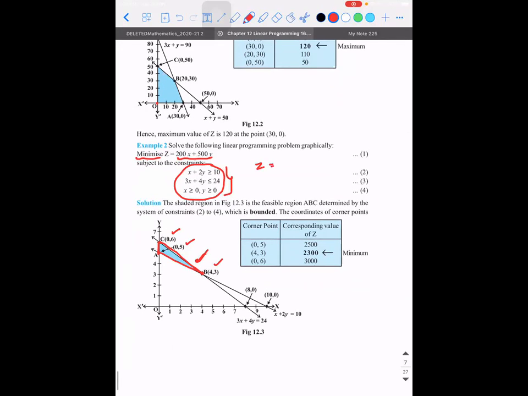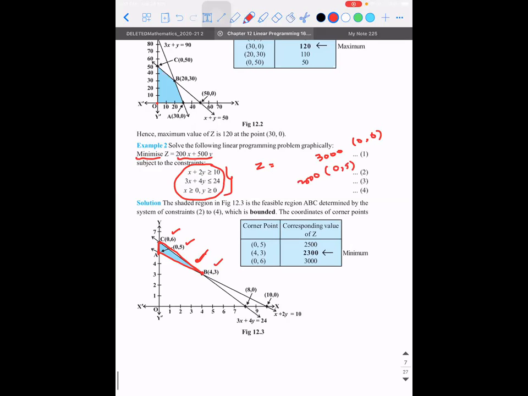z will be equal to 200 plus 3000. Correct? So 200 is 0, right? So z will be equal to 3000 for 0, 6, 2500 for 0, 5.